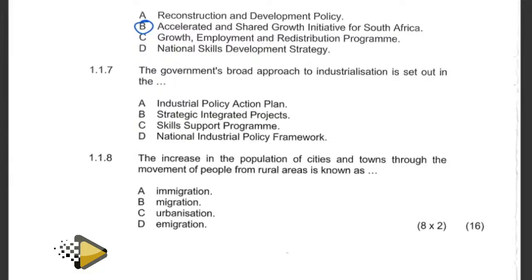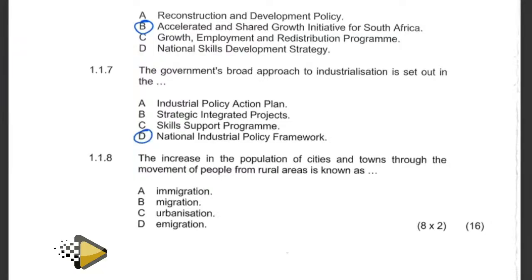And I always tell you the reason why I advise you to do that is because most of the given options are pretty similar to one another, where one might end up making some silly mistakes. Okay, right. So now 1.1.7, our appropriate answer is going to be National Industrial Policy Framework.